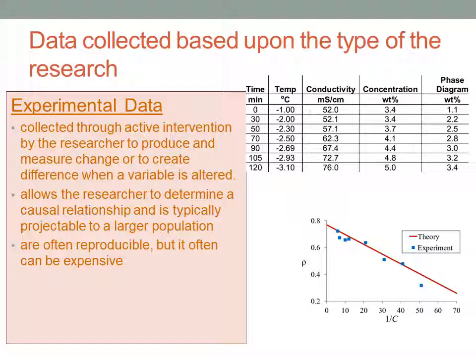So this is some raw data converted to a theory. To prove a theory, this has been done. So 1 over C being linearly related to conductivity has been measured.